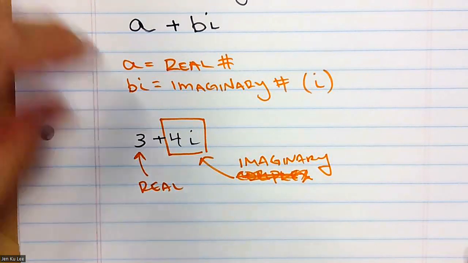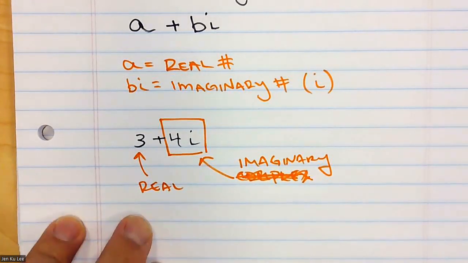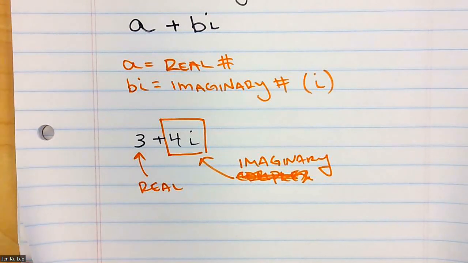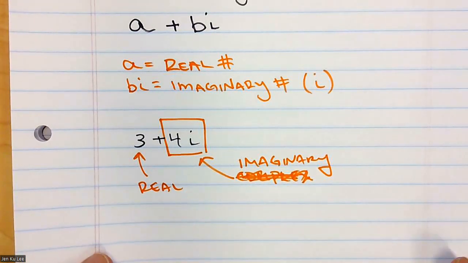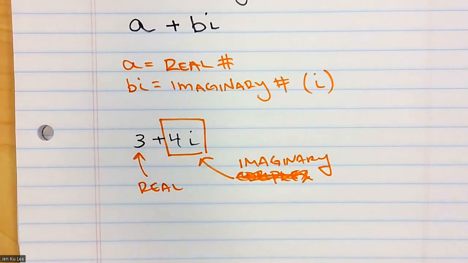Okay? And then together, they are a complex number. Okay? So in this first part, we're going to add, subtract, and multiply these complex numbers.